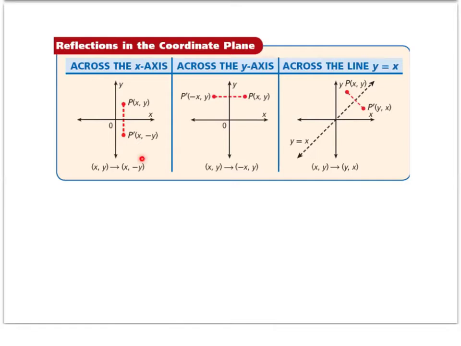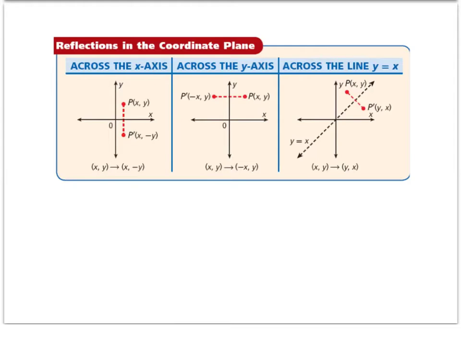And we also take care to notice, here's the actual points. They're listed, and we can see how they change. We start off with X and Y, and we end up with our prime as X and then negative Y.